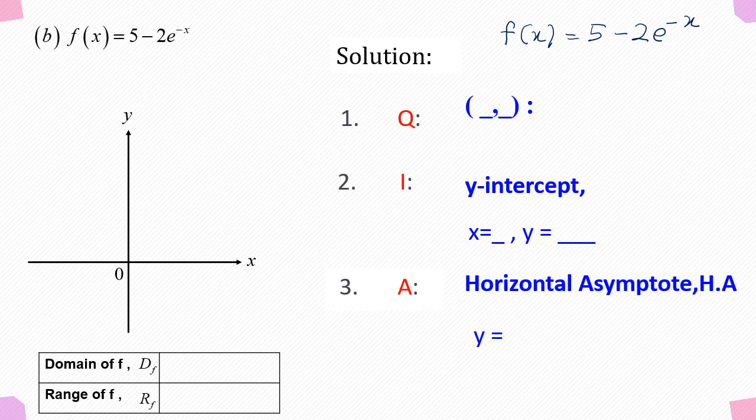By looking at the coefficient of x, we take the negative value of x, and then by looking at the coefficient of the exponential function, here it is negative 2, so we take the value of y as negative. Here are negative x and negative y, so it means that the graph starts at the third quadrant.